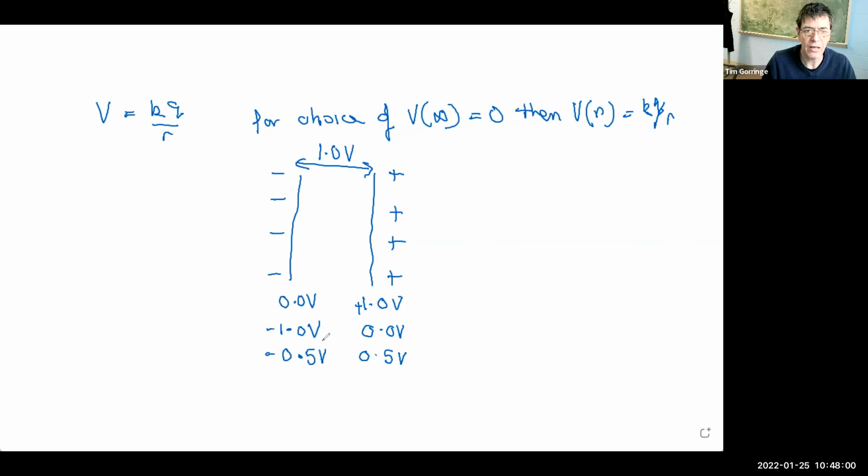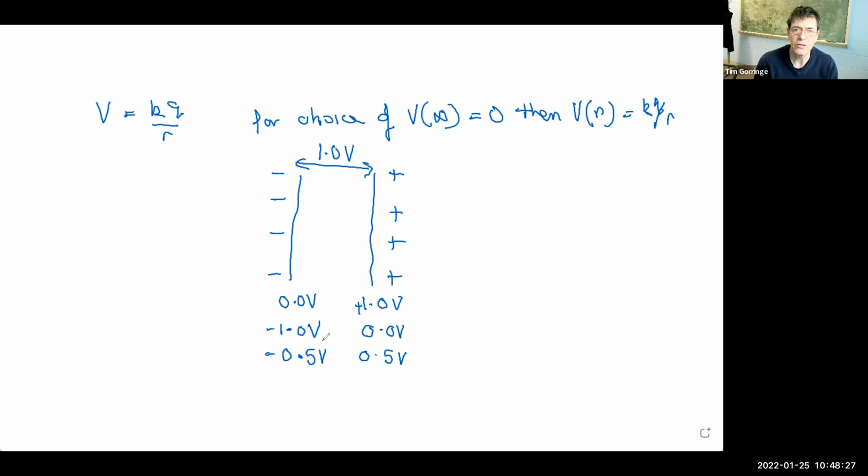I cannot measure, I cannot observe, it's ambiguous whether the left-hand plate is 0 volts, minus 1 volt, or minus 0.5 volts, or any other number. Only the difference between the positive and negative plates is unambiguous, is a measurable, observable quantity.